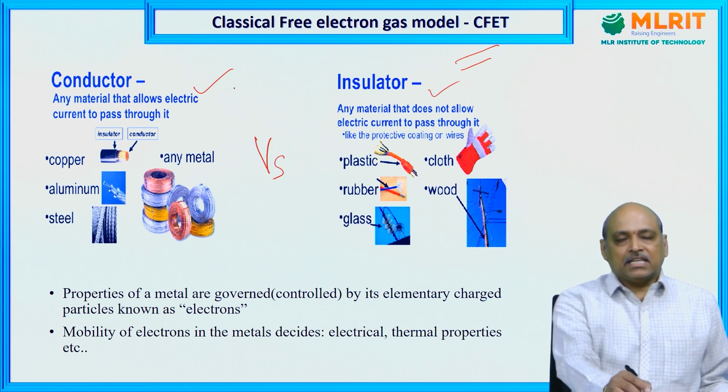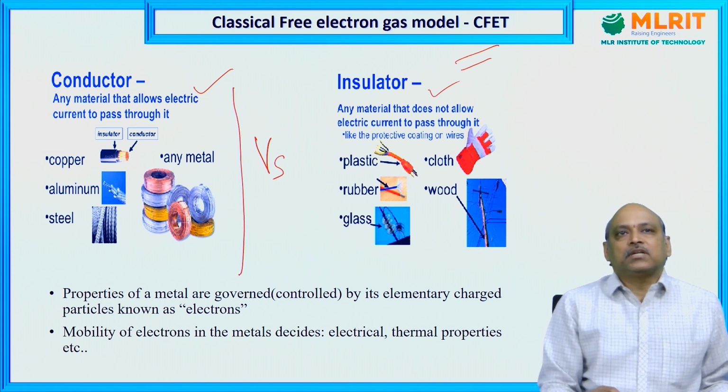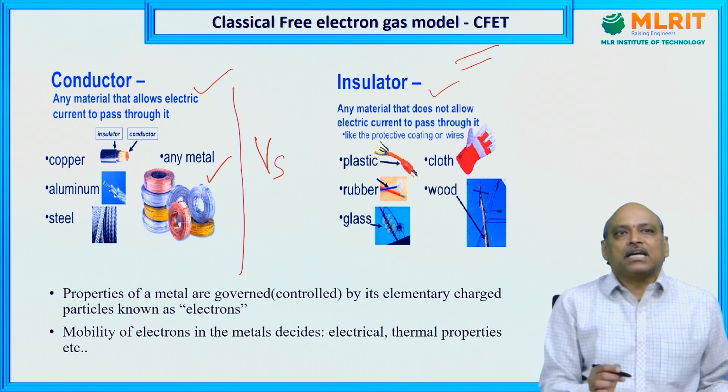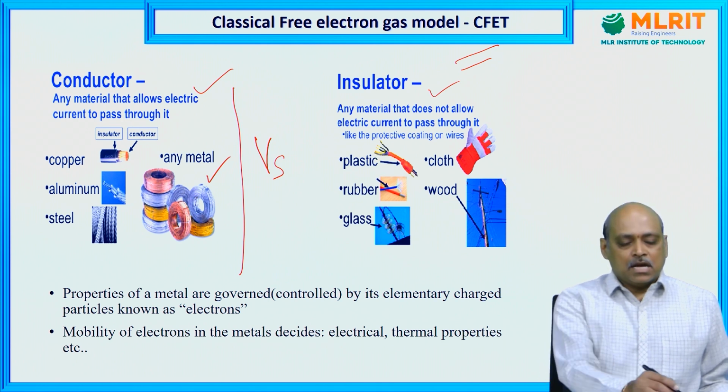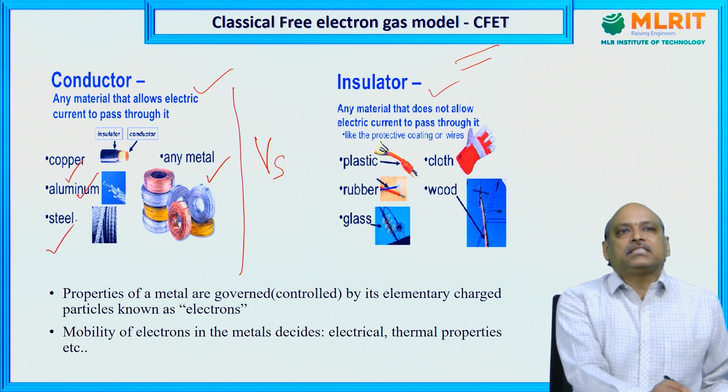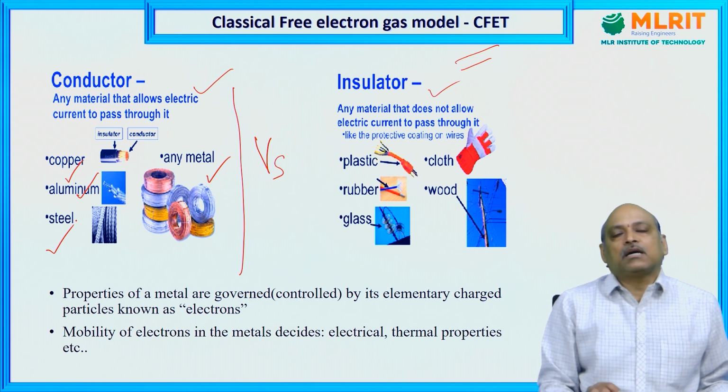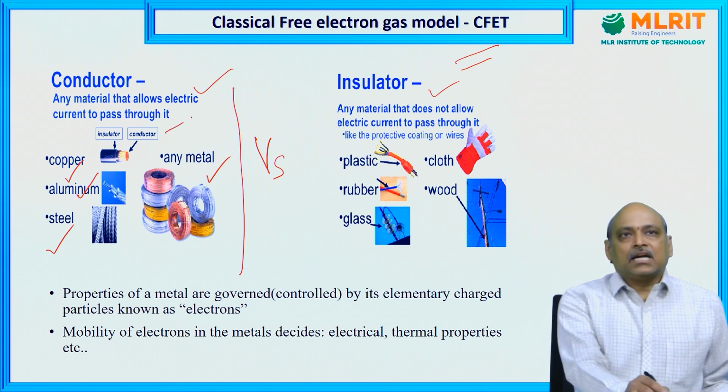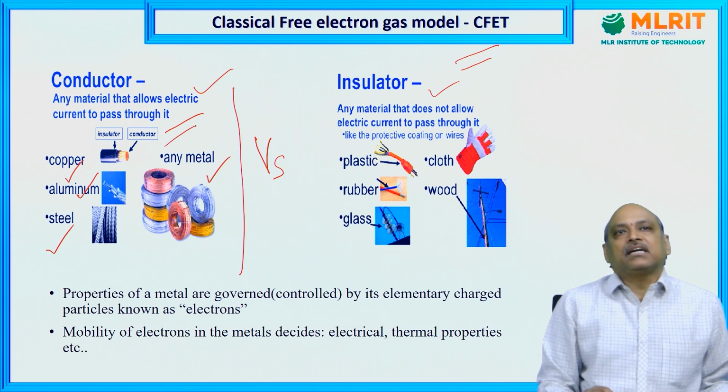In general, conductors are nothing but metals. Conductors are also called metals, for example aluminum, copper and steel. In conductors or metals, the main property is electrical conductivity: current flows easily, and conductivity is very high compared with insulator materials. Examples of insulators are cloth, wood, rubber and glass.